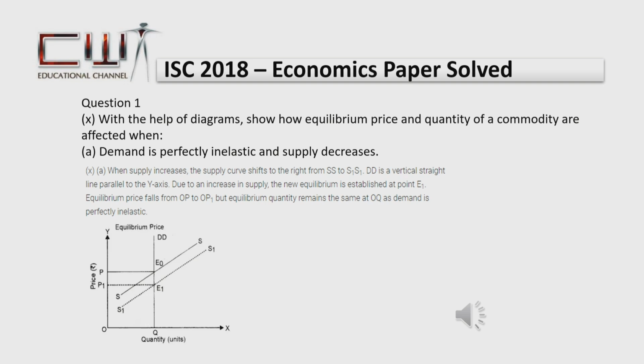When the supply increases, the supply curve shifts to the right from SS to S1S1. DD is a vertical straight line which is parallel to the y-axis. Due to increase in supply, the new equilibrium is established at point E1. Equilibrium price falls from OP to OP1, but the equilibrium quantity remains the same as OQ since demand is perfectly inelastic.